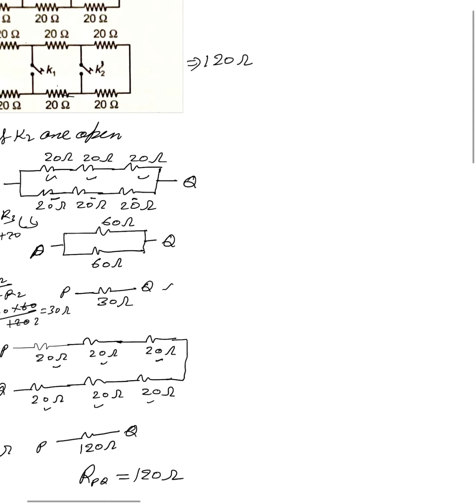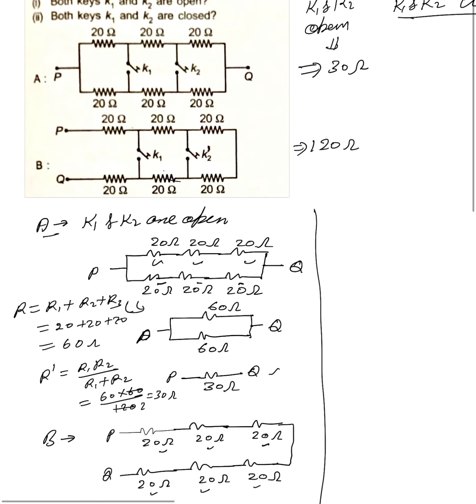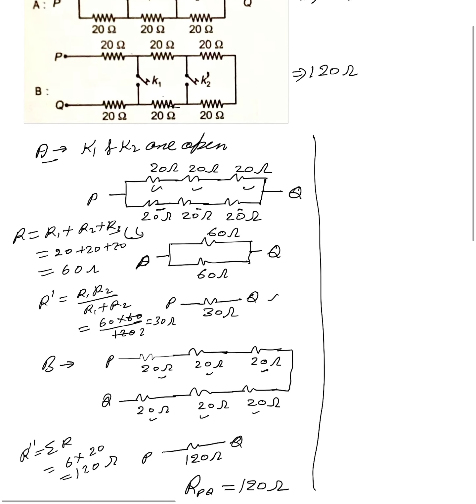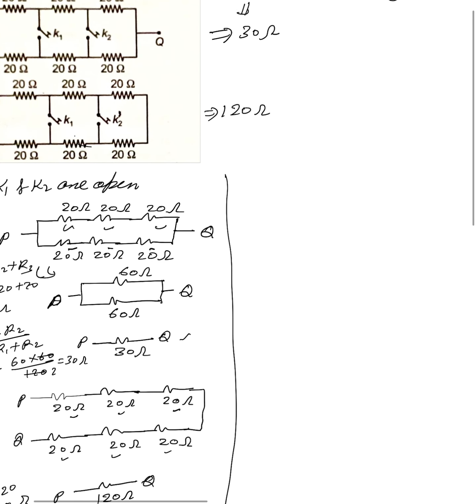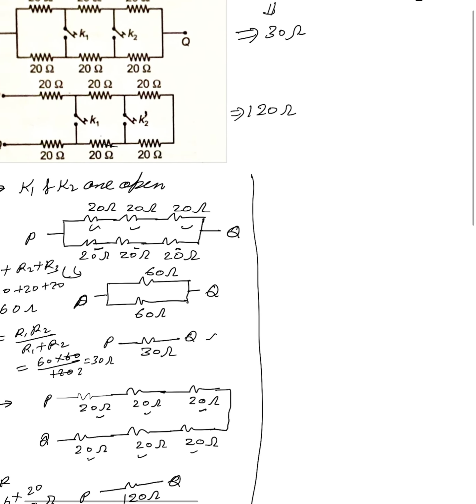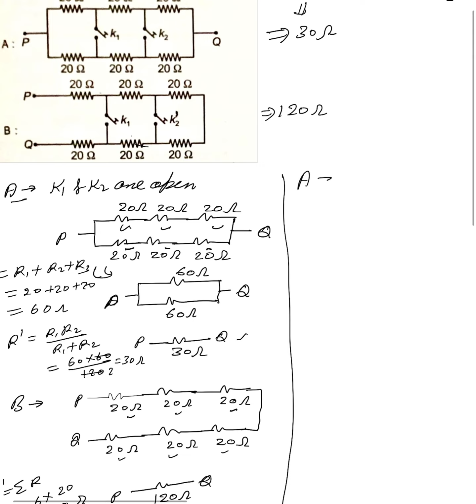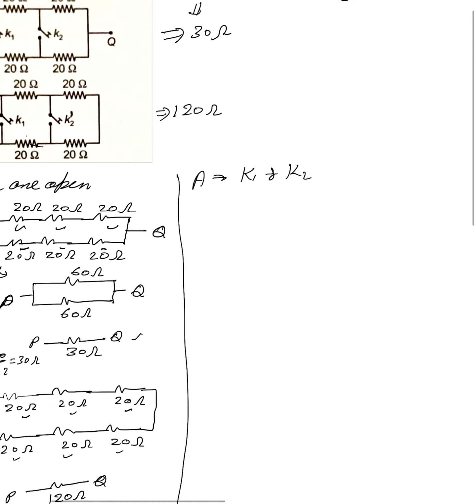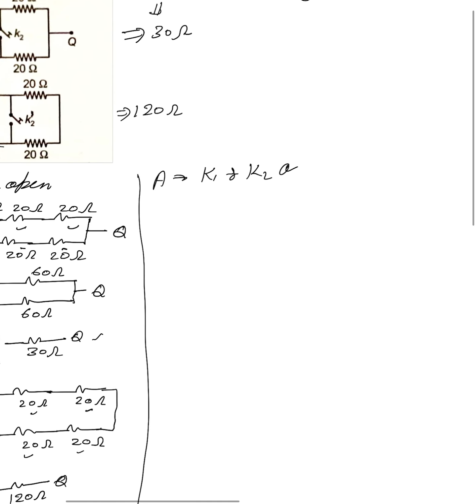If K1, K2 are closed, first of all make the diagram, in A, K1, K2 are closed.